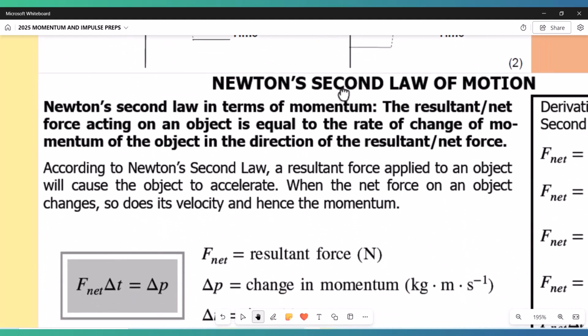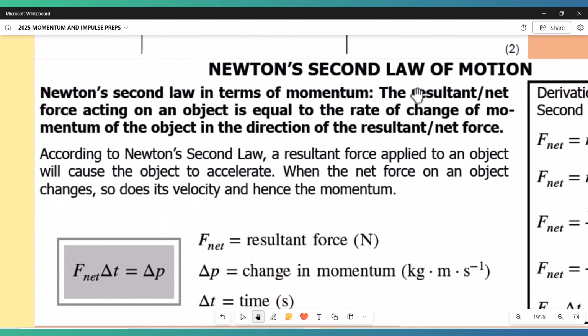Let us continue here. Let's talk about Newton's second law of motion. How do we state it? Newton's second law in terms of momentum: the resultant or the net force acting on an object is equal to the rate of change of momentum of the object in the direction of the resultant or net force.